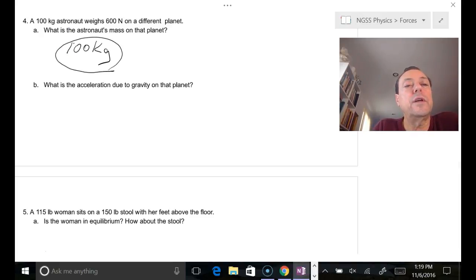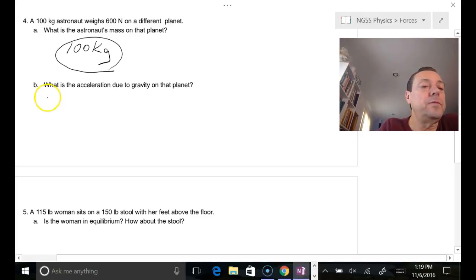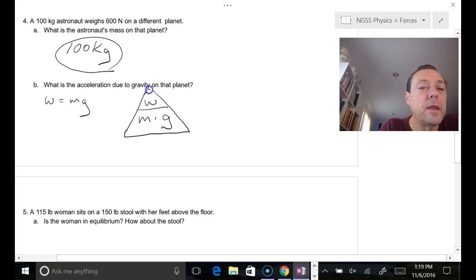What is the acceleration due to gravity on that planet? Well, if weight is mass times gravity, and I'm just going to use my visual calculator here, and I would like to find G. That leaves me with weight divided by mass.